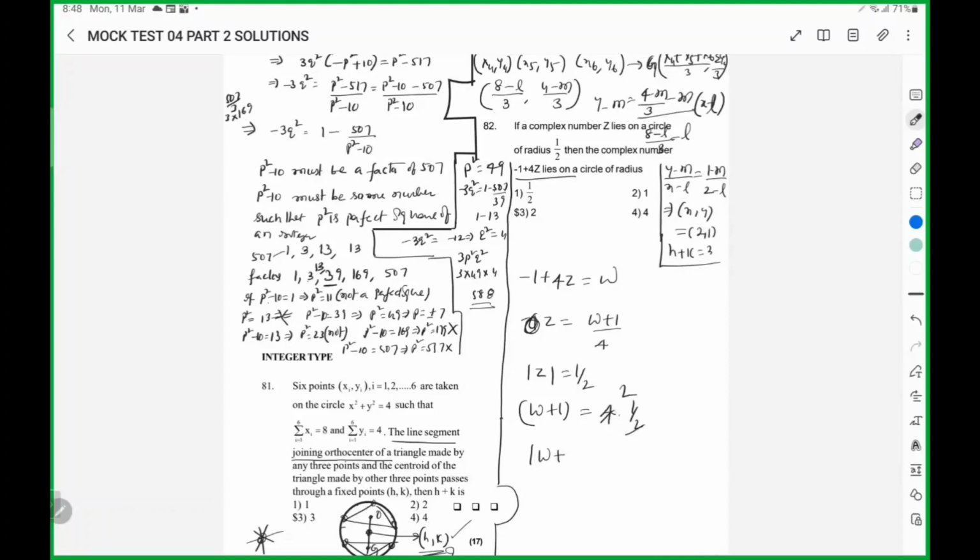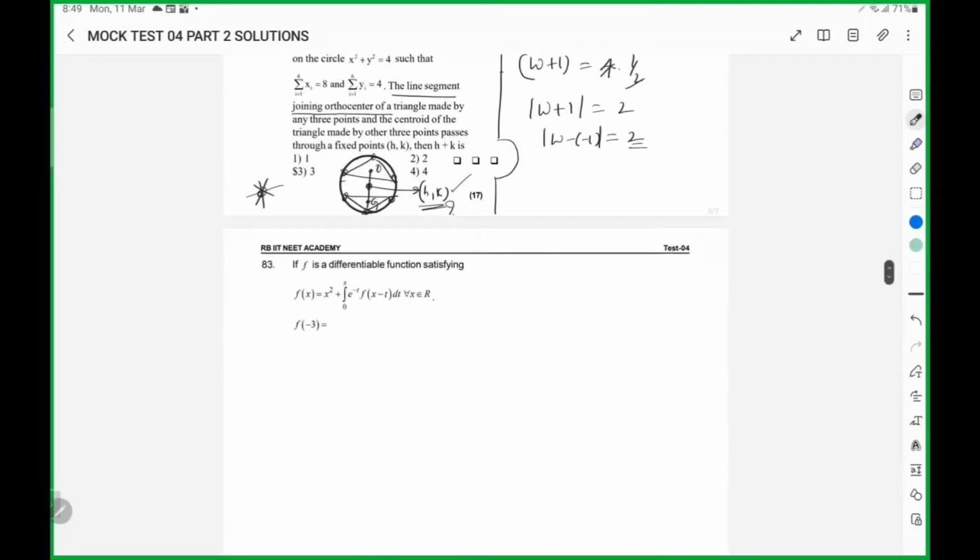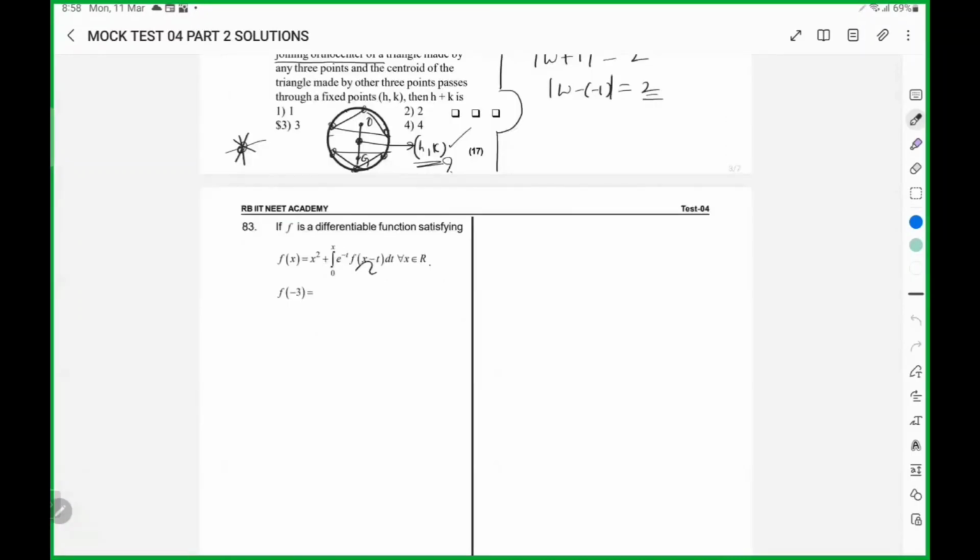That means it is equal to 2. So it lies on a circle with center 1 and radius. It is a two variable problem. How to tackle this kind of problem? Convert into single variable or use Leibniz theorem. So let us see.